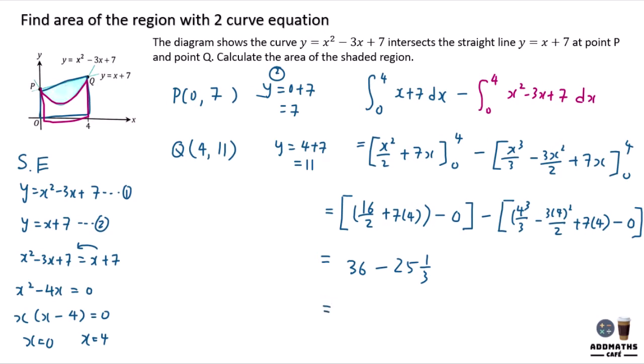By using the calculator, 36 minus 25 1 over 3 will give me 32 over 3.